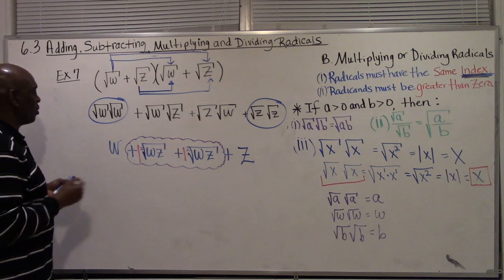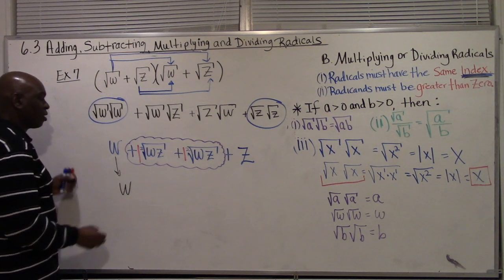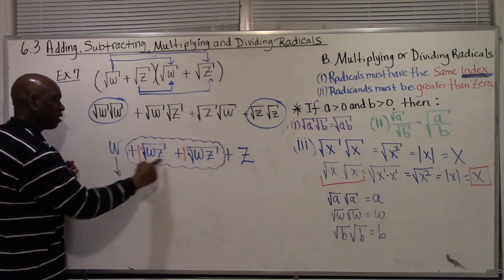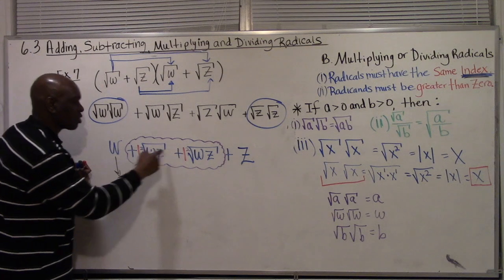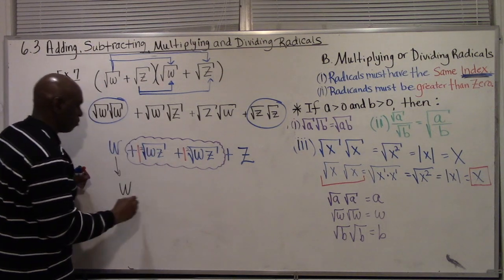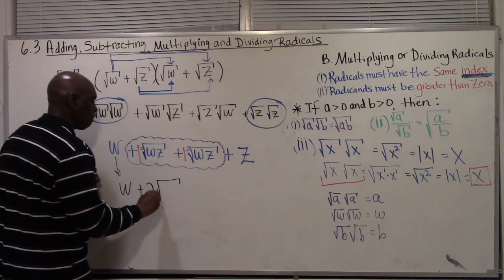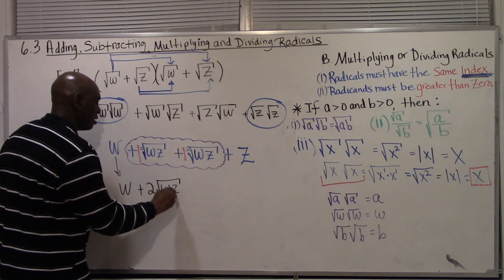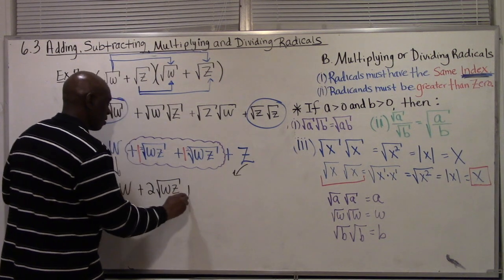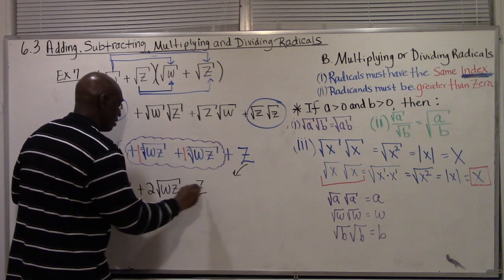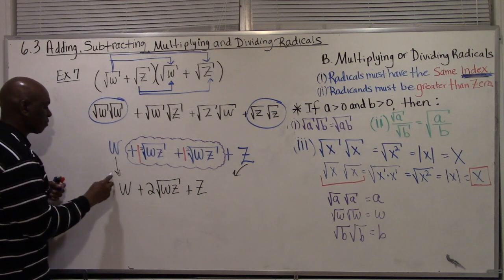Bring down the W. What is 1 plus 1? 1 plus 1 is 2. So I'm going to have plus 2 radical WZ and then bring down the Z plus Z, and we're finished with that one. And there's our answer.